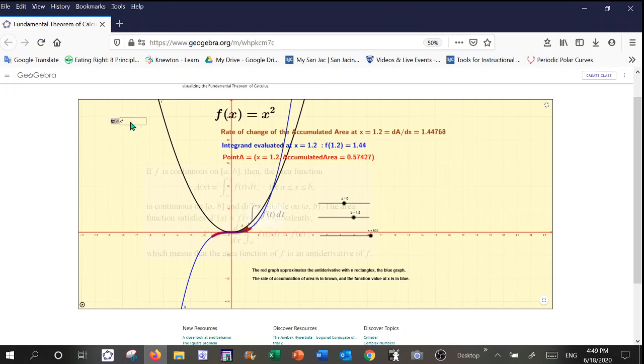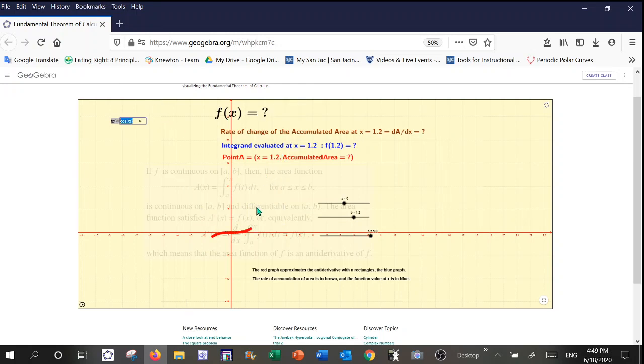You can actually change the function here too if you like. If we use a different function, again, this relationship would not change. Let me use some other function. Let's see, maybe cosine x.